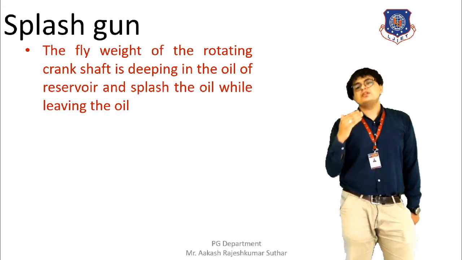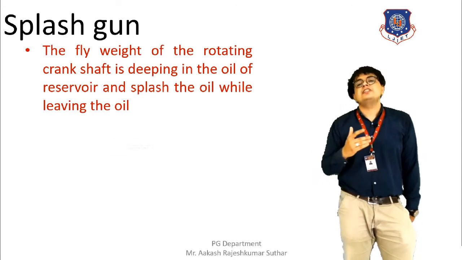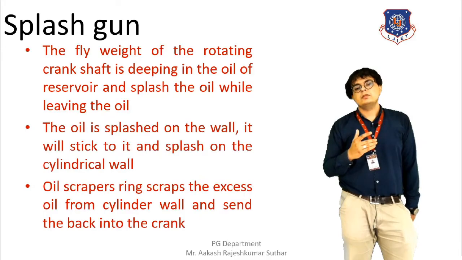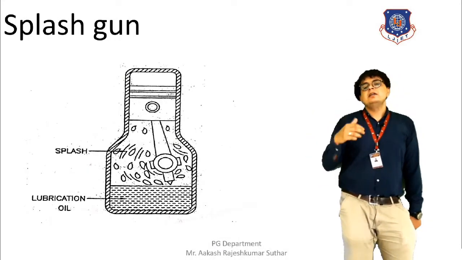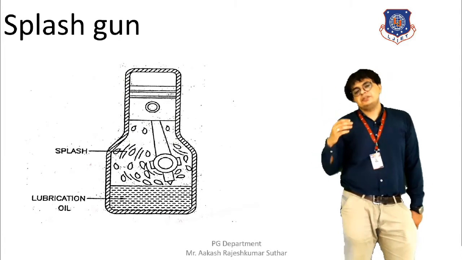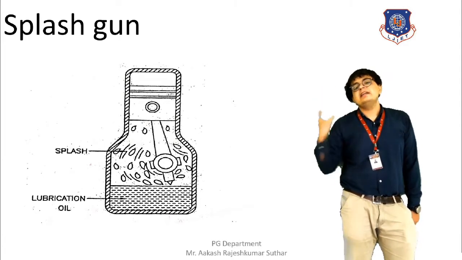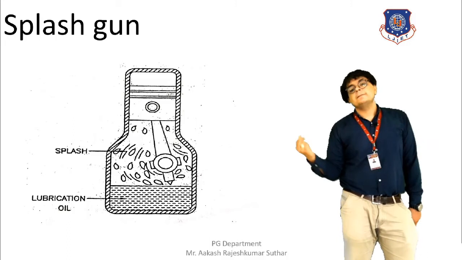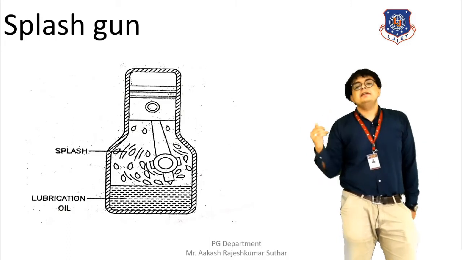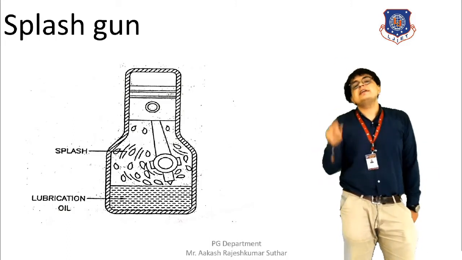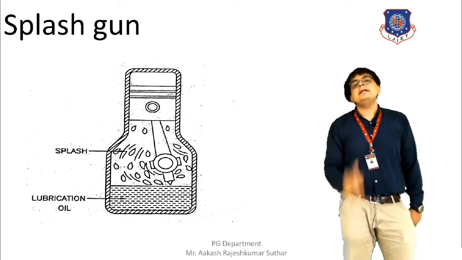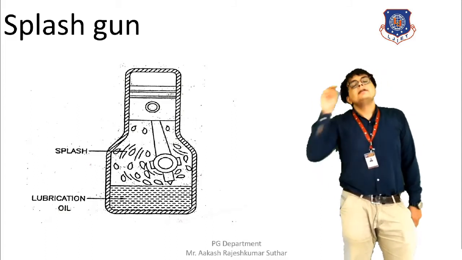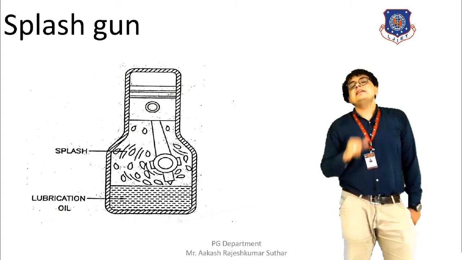Before discussing, let's see what its parts are. So this is a figure for the splash lubrication. There we have a casing where the oil is filled, and we have a heavy rotating lever arm which will be rotating, and at the same time it will be dipped into the lubricating reservoir.